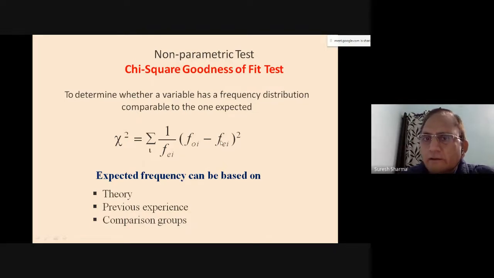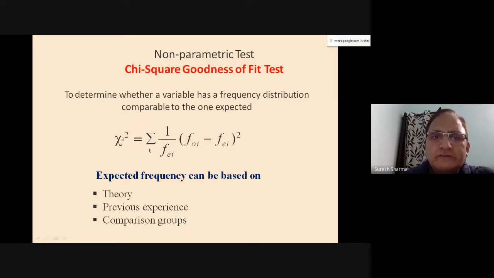Second, because it is over i, you have to add all values over i, and i is going from 1 to 4, right? So it is observed minus expected, squared, divided by expected. Observed minus expected squared over expected, and add all the 4. And you will get the value of chi-square.